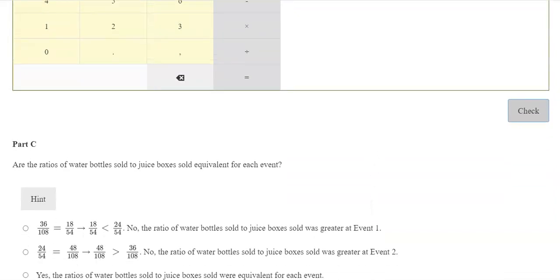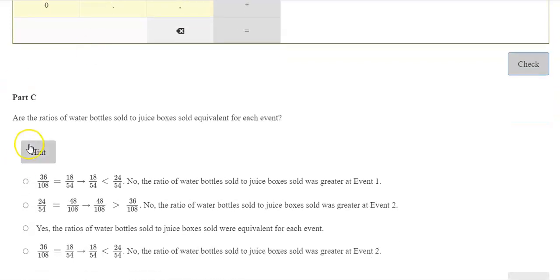Part C, are the ratios of water bottles sold to juice boxes sold equivalent for each event? Okay, so there's a lot of things right here that you have to try to determine. So the answer is going to be no, because let me bring up a work page over here so you can see what I mean.